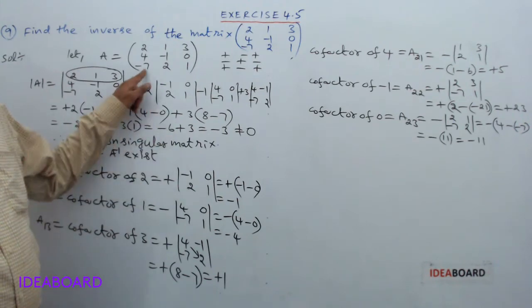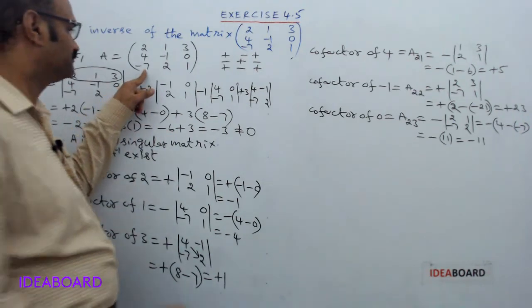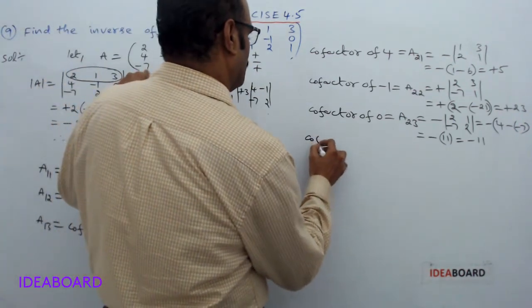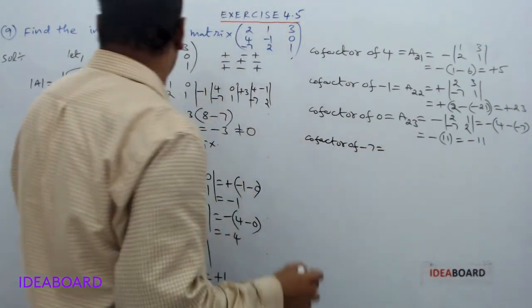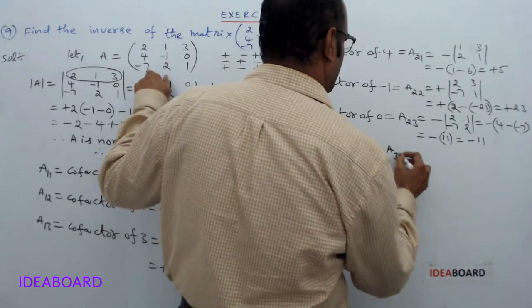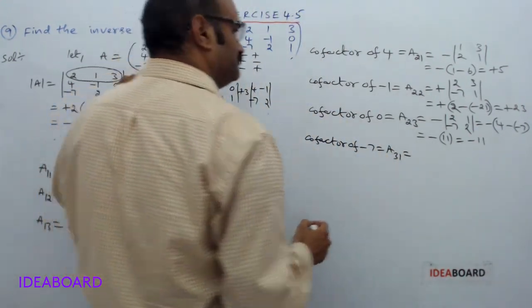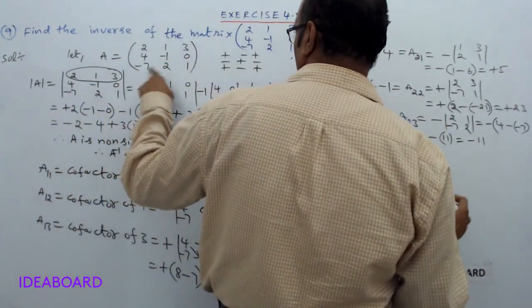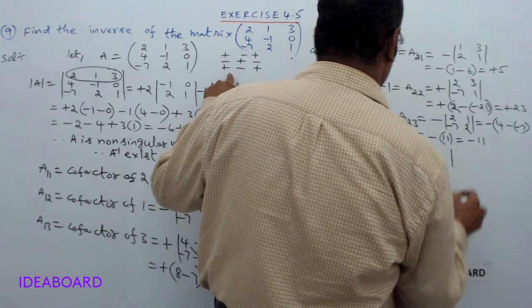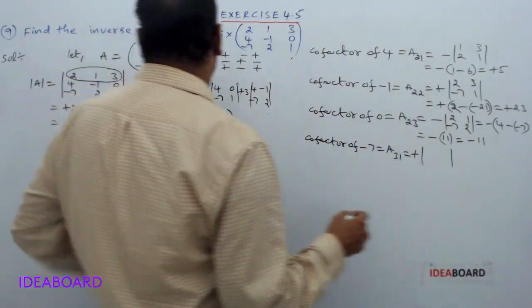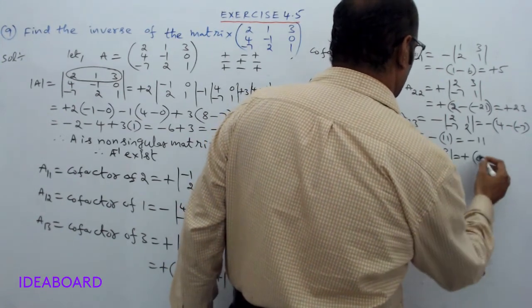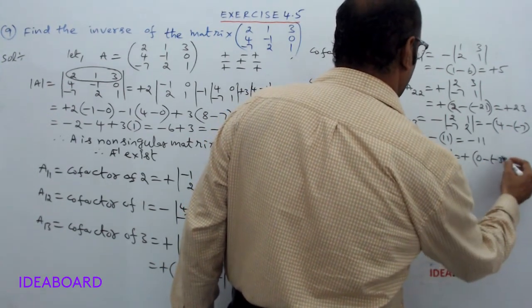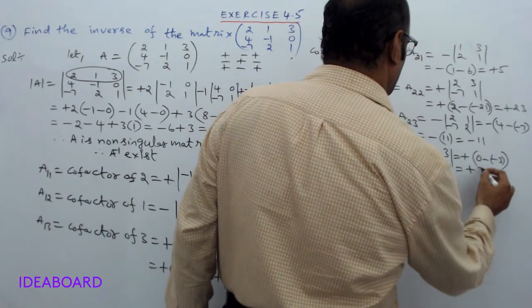Next one, the cofactor of minus 7, A31. The sign is plus, the determinant of 1 3 minus 1 0, so plus of 0 minus 3, equal to plus 3.